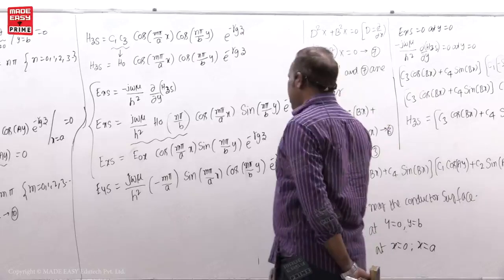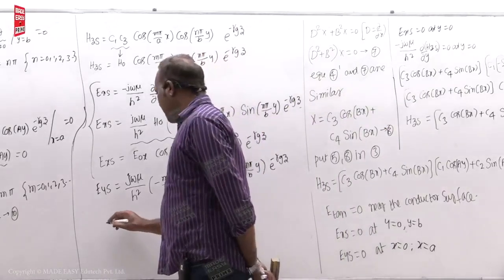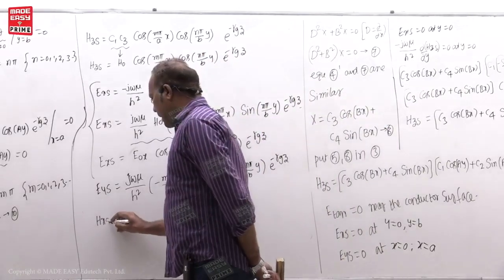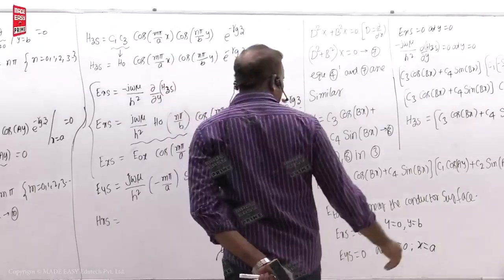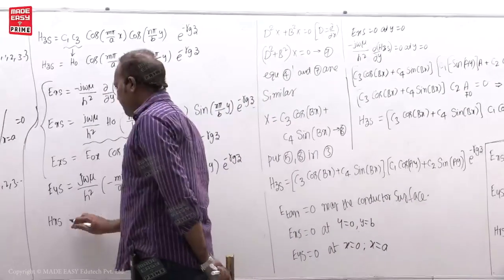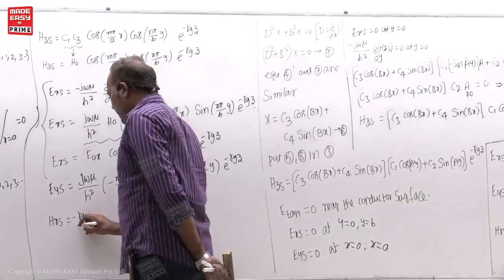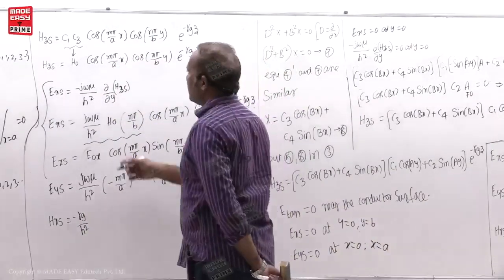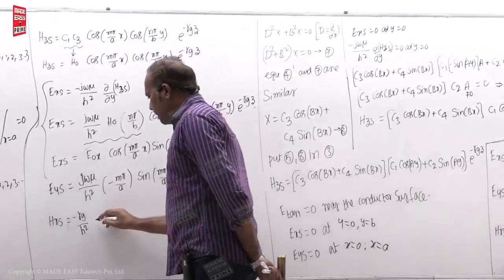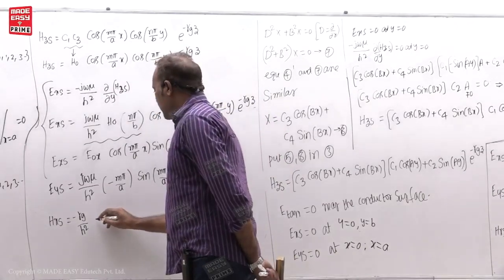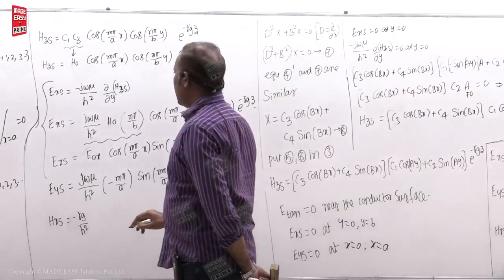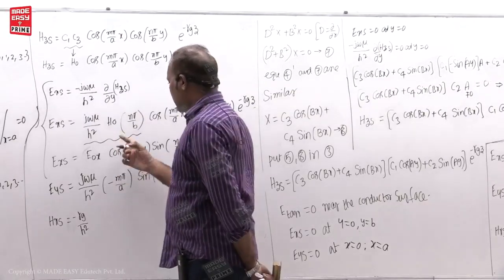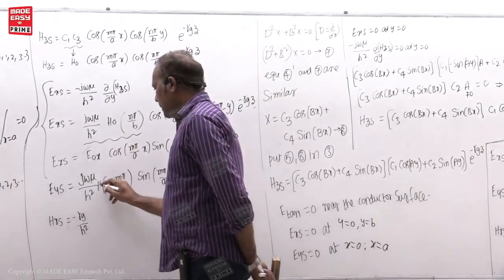Similarly, you take Hxs. So Hxs is equal to minus gamma g divided by h square, and you have to differentiate with respect to x. Are we missing H naught here? H naught is taken, H naught also is there, no student?